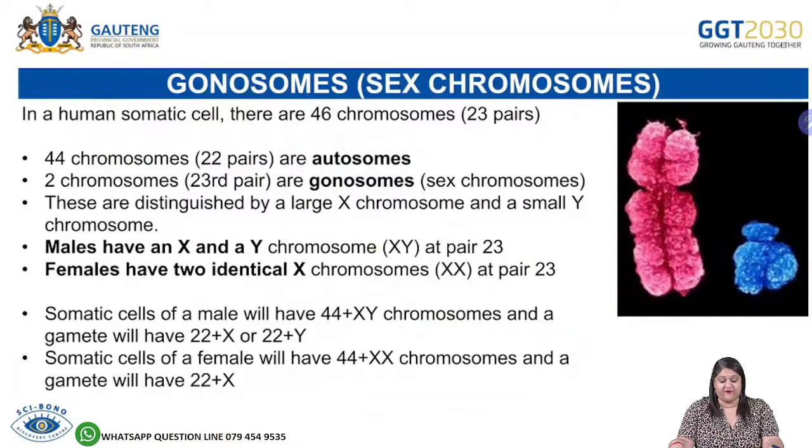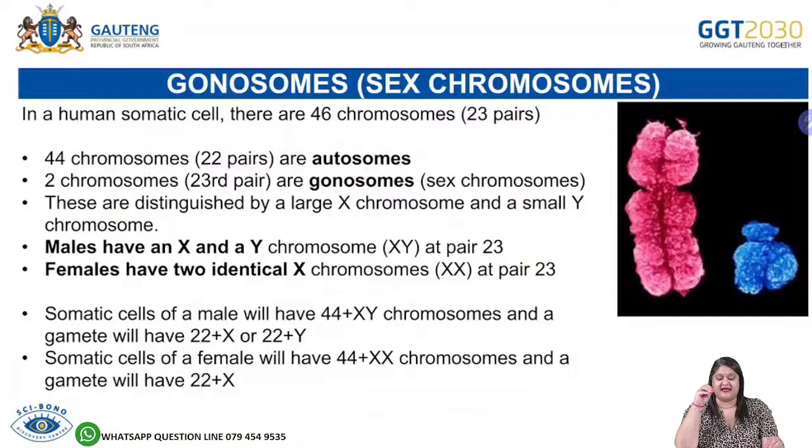And 44 of those 46, which are 22 pairs, are autosomes. And 2 chromosomes out of that 46, which is the 23rd pair, are called gonosomes, also known as sex chromosomes.